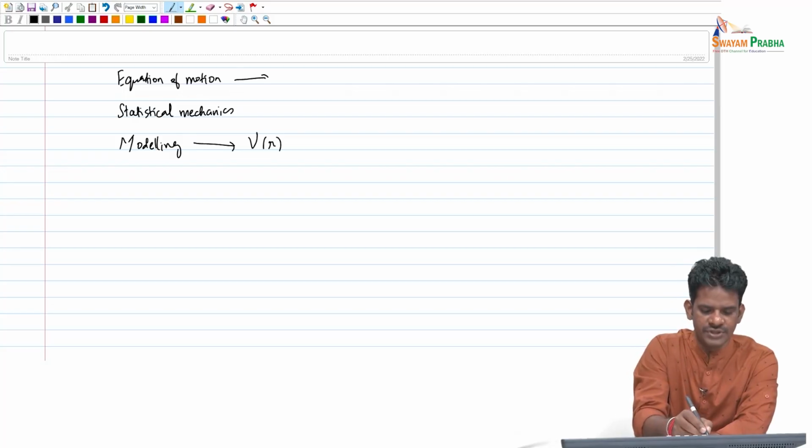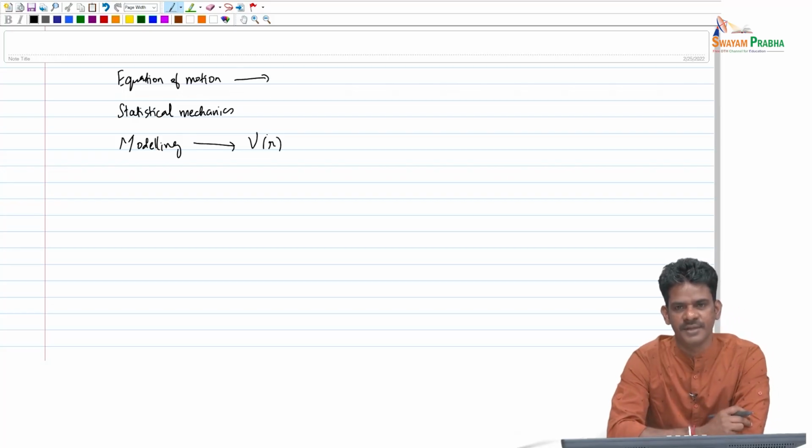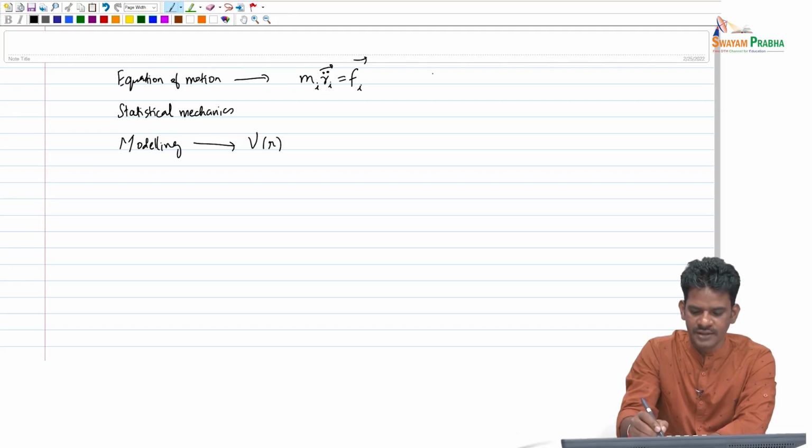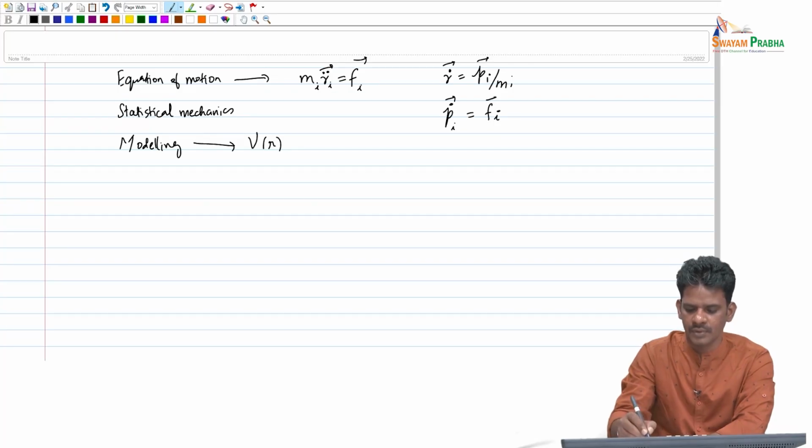And then this equation of motion takes this potential model, and then you can write either a second order ODE, or you could write in terms of, maybe I will write it. Right.